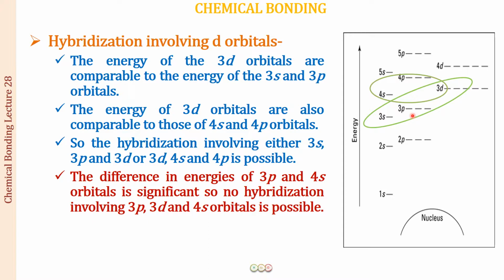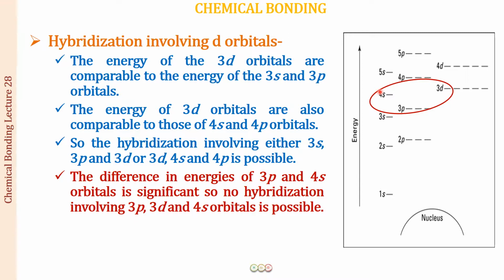Okay, one thing more that you have to remember so that you do not confuse yourselves: the difference in the energies of the 3p and the 4s orbitals is quite significant. We will never be seeing a filling of the 3p, 4s and 4d orbitals. So you can confuse yourself that this is also s, p and d being mixed, so this can also be an sp3d type of hybridization and so on, but no, because the energies of the 3p and the 4s orbitals are quite significantly different.